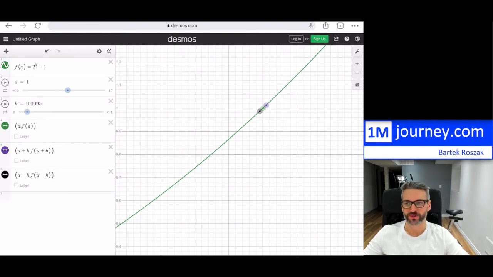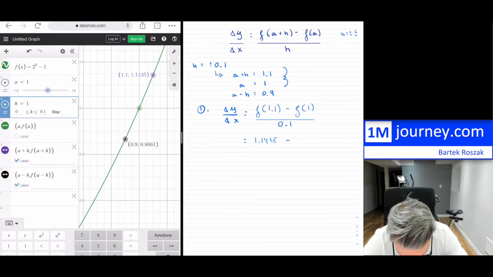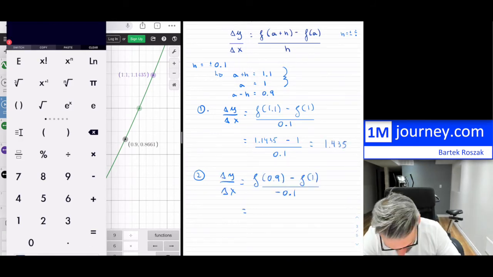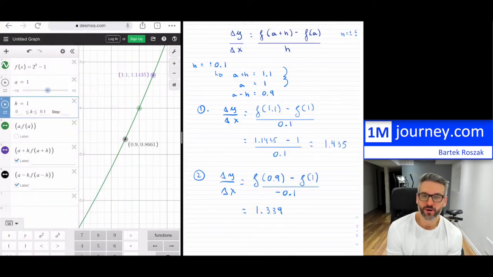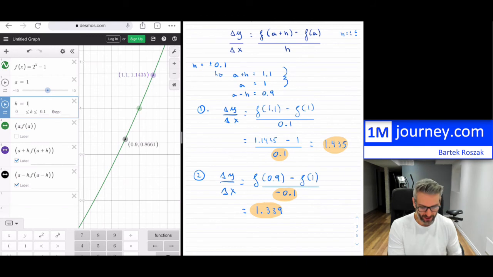So now I'm going to actually calculate, so that we can see what that actual rate of change might be. So give me a moment. All right, so what I did was I inputted the numbers and then calculated our rate of change for h, which is 0.1, on both the positive side and the negative side, and we got two of these.